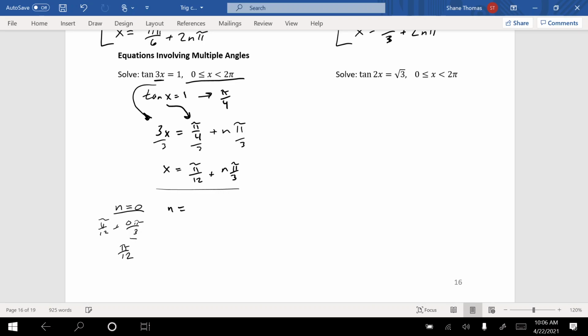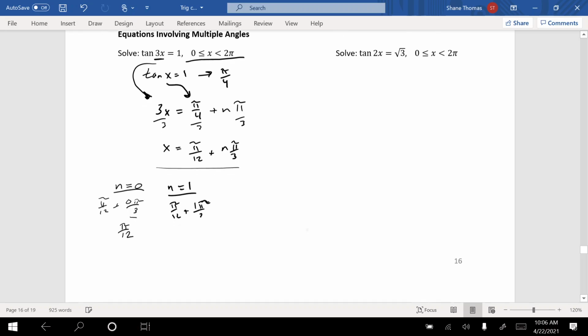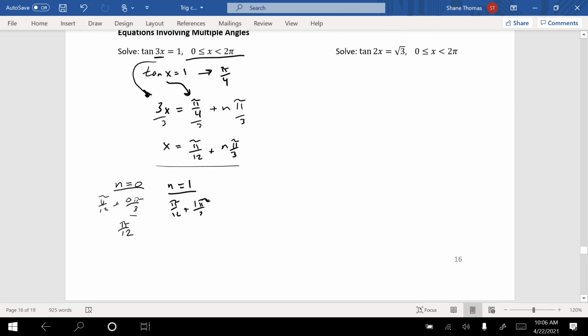Okay, let's try n equals 1. My pi over 12 plus 1 pi over 3. I have to find a common denominator here, so I'm going to have pi over 12 plus 4 pi over 12, giving me 5 pi over 12. That still fits, doesn't it? Okay, so this one's good, this one's good.